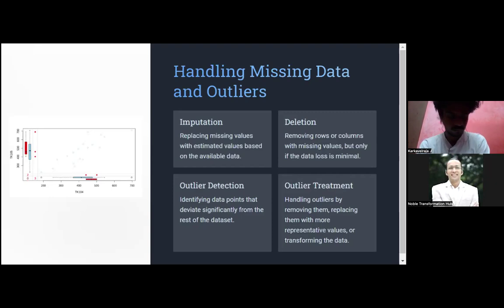Okay, outlier detection is identifying data points that deviate significantly from the rest of the data set. So an outlier is always outside the median, mode and mean. They are very far away in the plus or minus direction.